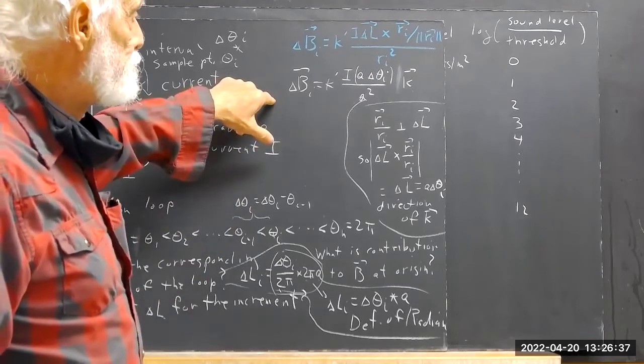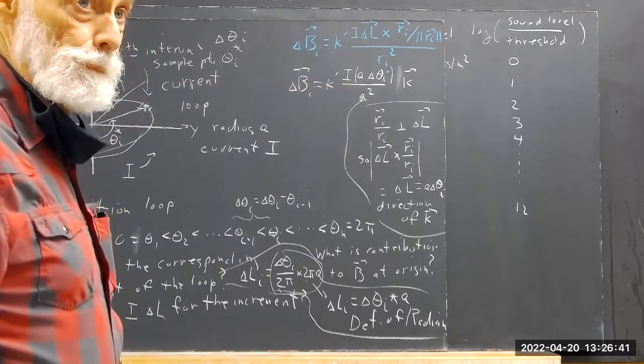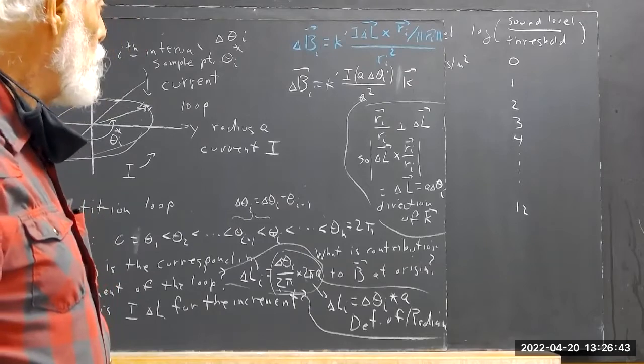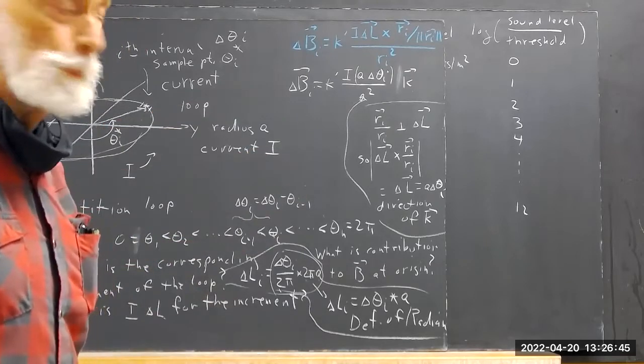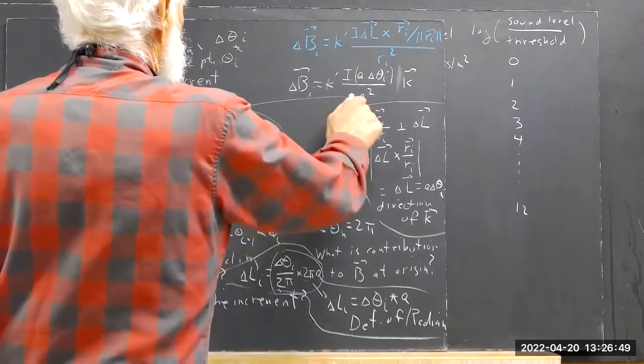Okay, so there you have it. Well, then what's the sum of all your delta B sub i's going to be? I think that's going to take a little room, but it doesn't.